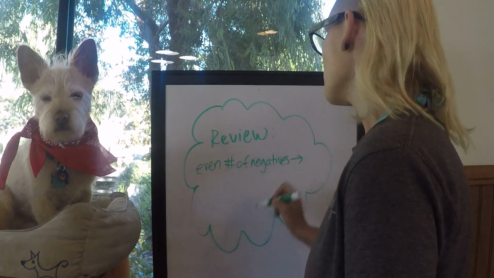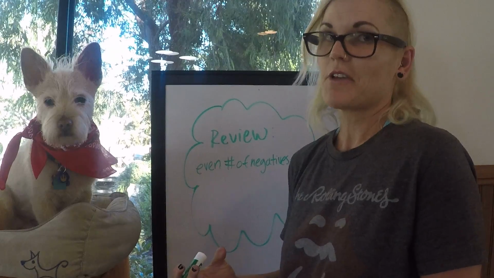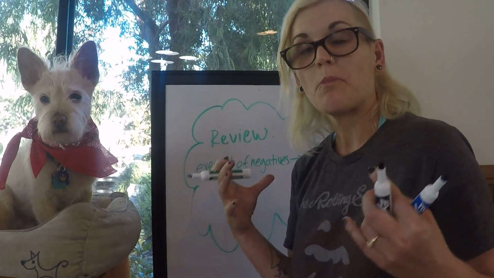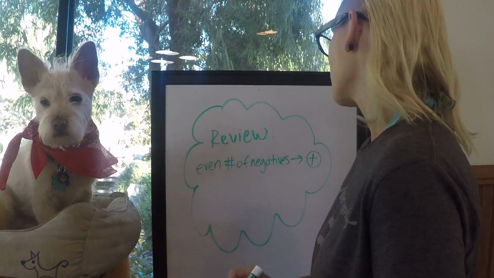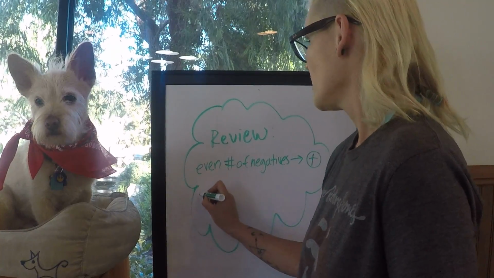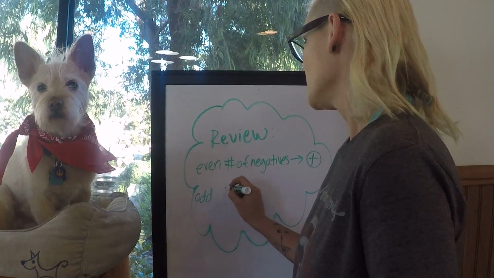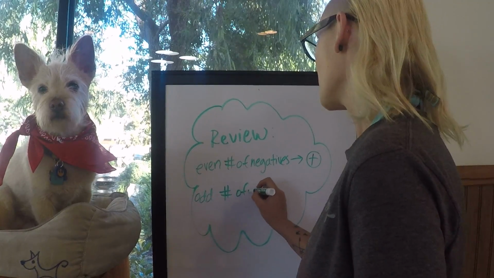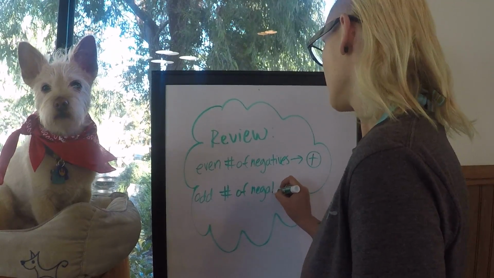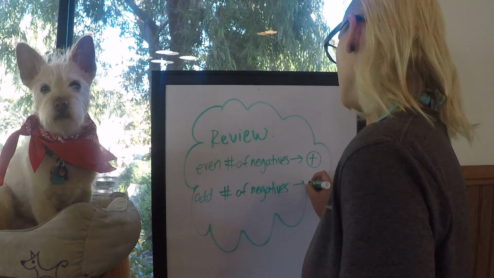If there's an even number of negatives, meaning your negatives have a pair, so if you can bunch them up into pairs, it makes them happy. Okay, even number of negatives, positive answer. An odd number of negatives, meaning someone doesn't have a pair, someone's not going to be happy, so an odd number of negatives makes them sad. An odd number is negative.